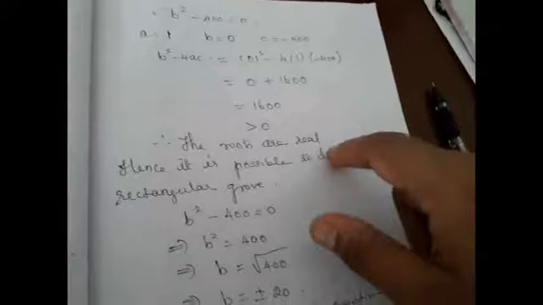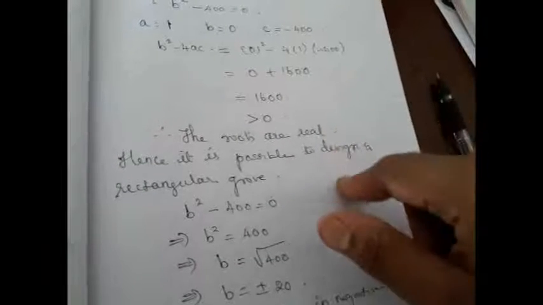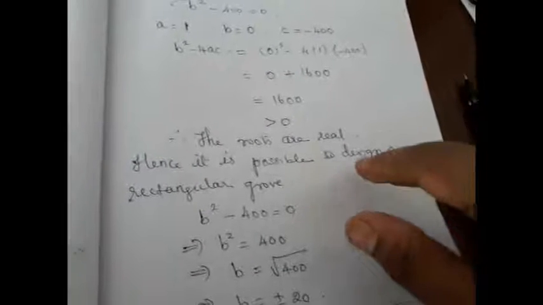And we checked with the discriminant. We need real roots. Real roots will occur only if the discriminant is greater than 0 or equal to 0. That's what we checked, and we obtained a discriminant greater than 0. Therefore, the roots are real. If the roots are real, very well, the situation can be designed.